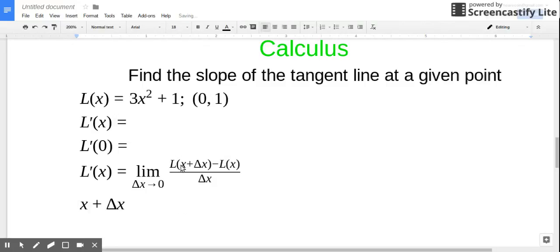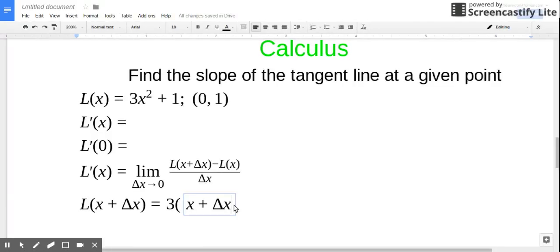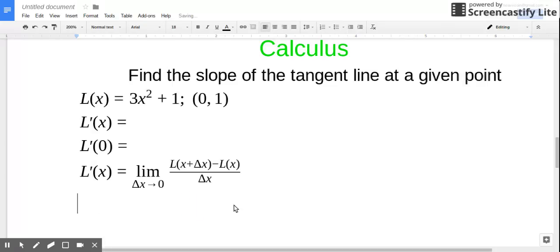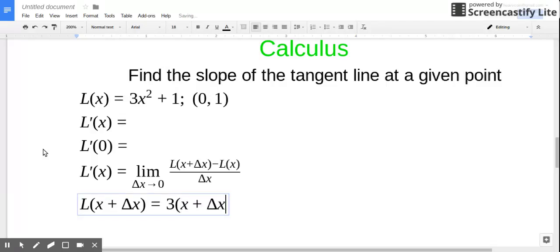And of course this is squared. And then we have plus 1.